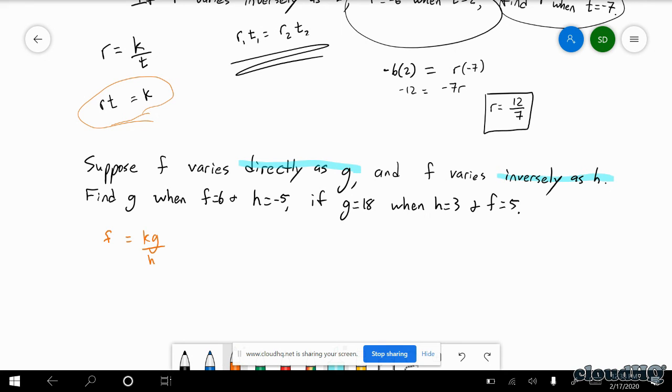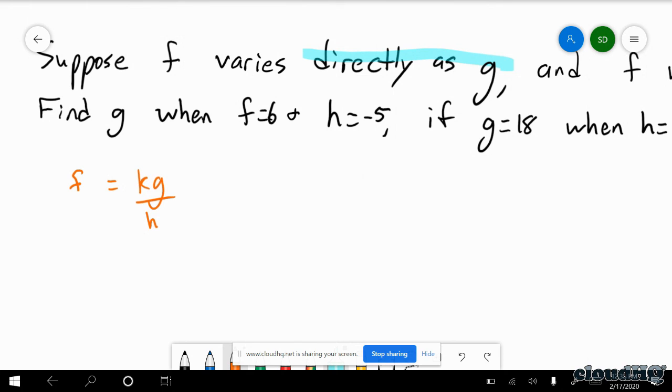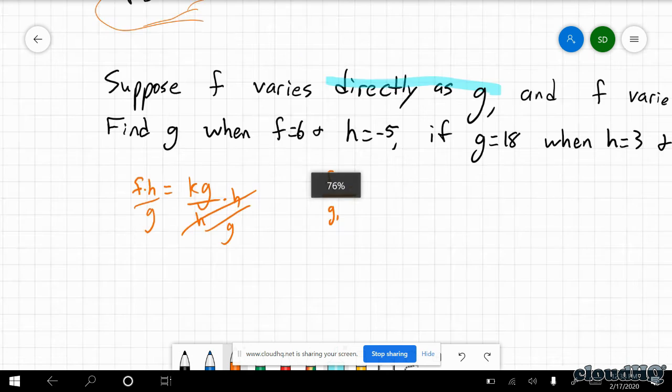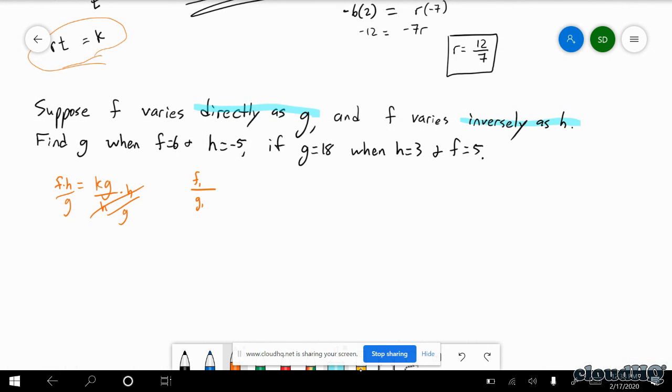Okay, so we could set that up. But if I want to set up the proportion of the two fractions equal to each other that allows me to bypass the k, you're going to multiply this problem by the h, and then you'll divide by the g, right? So varies directly as g, we end up dividing by the g. Varies inversely as h, we would multiply by the h.